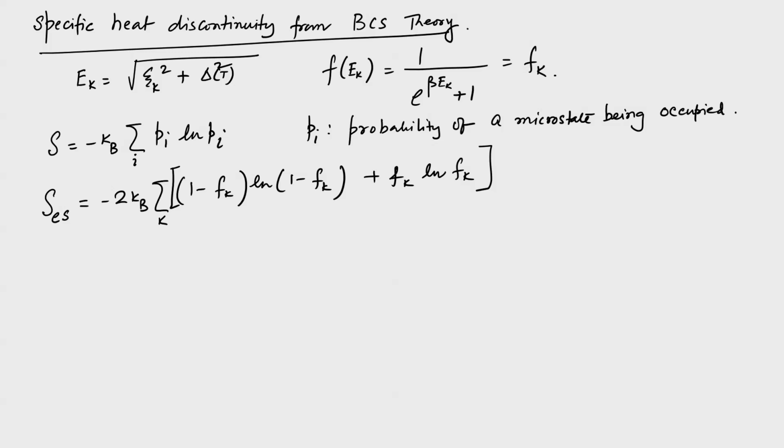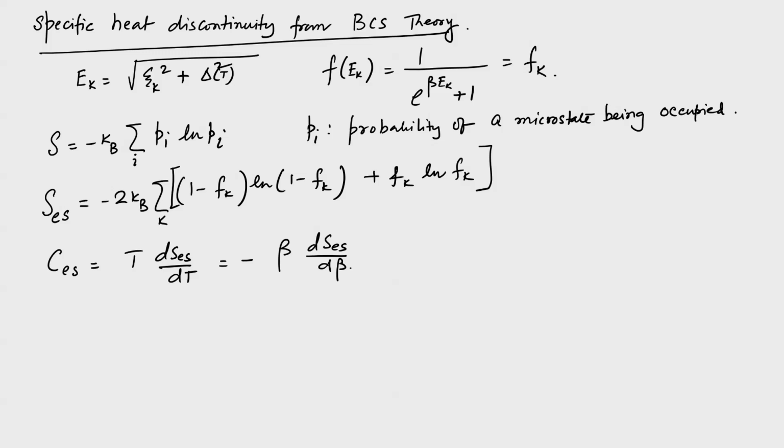And so, now we can define the specific heat C_ES, which is equal to T dS_ES by dT. Now, this can be written as minus beta dS_ES d beta, and the reason being that I will just give you a derivation of each one of these steps.